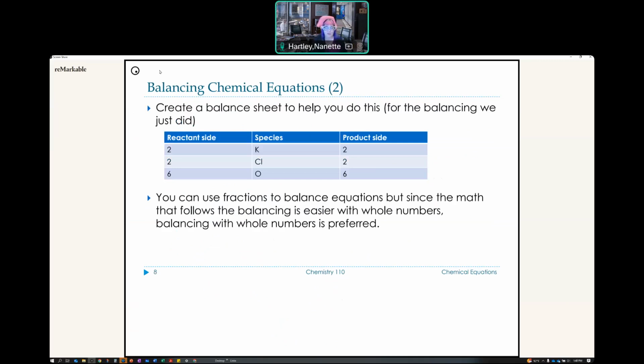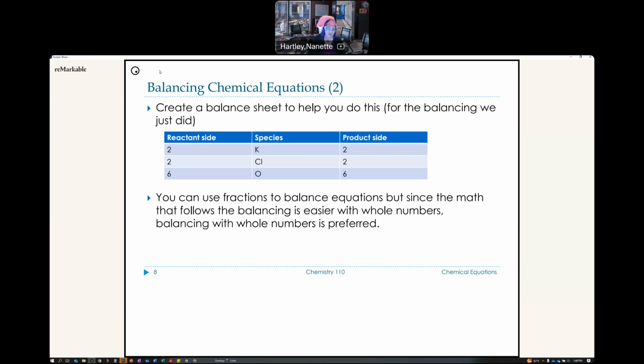Now, one thing I have to mention to you, I can use fractions to balance equations. It can be done. So if I get to something and I say, well, the only way that I can balance this equation is to put a 7/2 in front of this oxygen, I can do that. There's nothing wrong with doing it. Is it preferred? No, it absolutely is not.